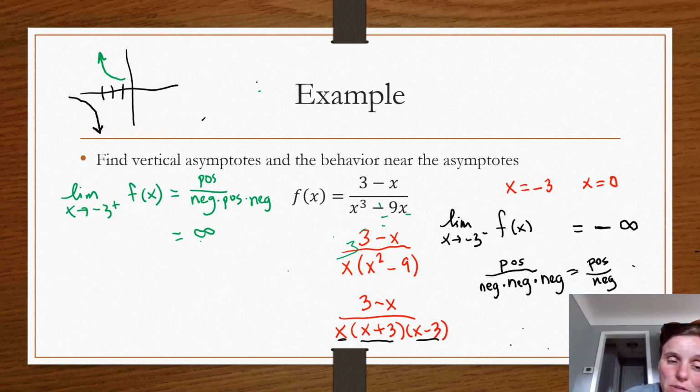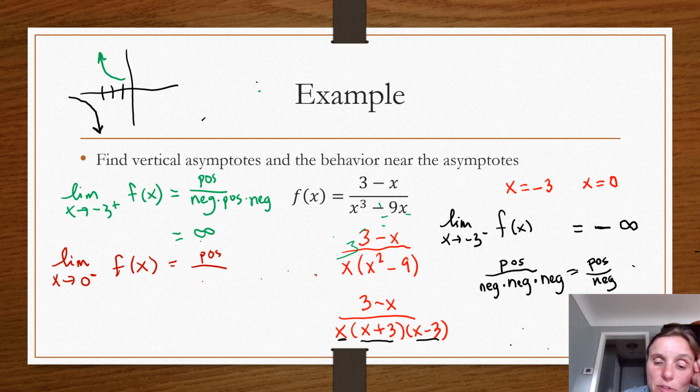I can say, well, the limit as x approaches 0 from the negative direction. So I'm still looking at this factored version. 3 minus 0 would be a positive.